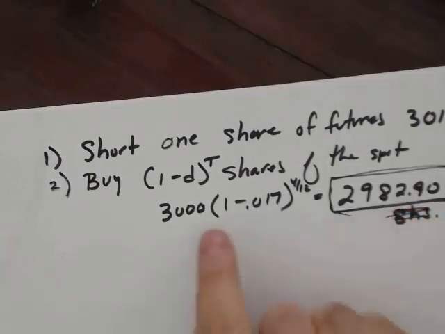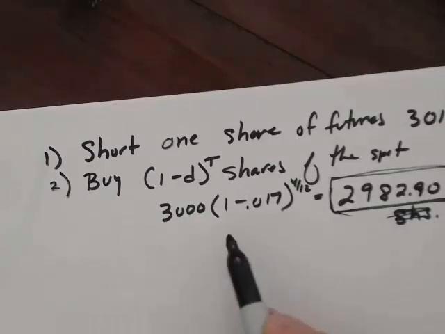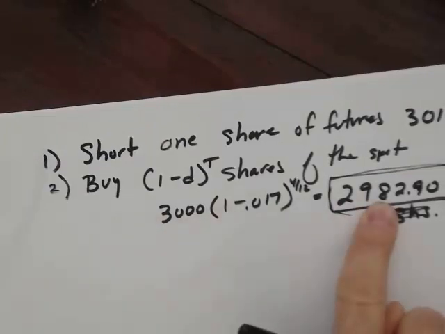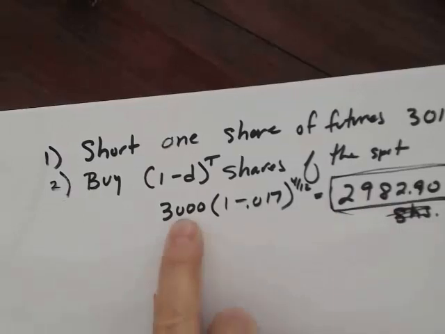And this will grow to $3,000 if we continuously reinvest the dividends. Okay? So what it means is we end up with one share at the end. So we bought a fraction of a share, 98 or 99% of a share, and it'll grow to one share in 4 months.